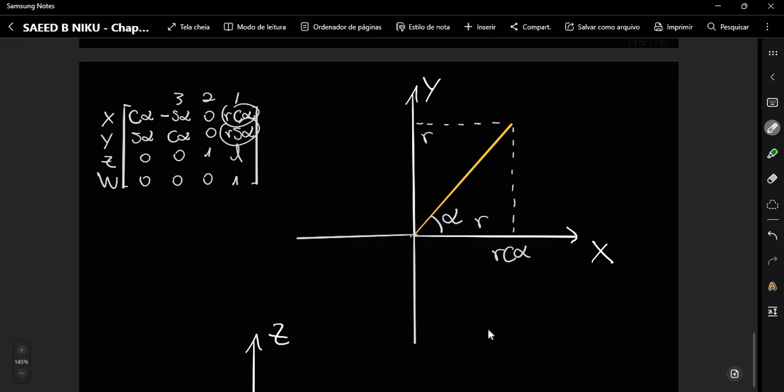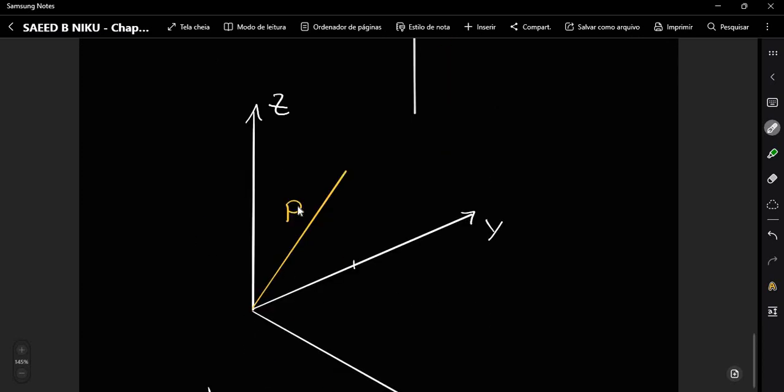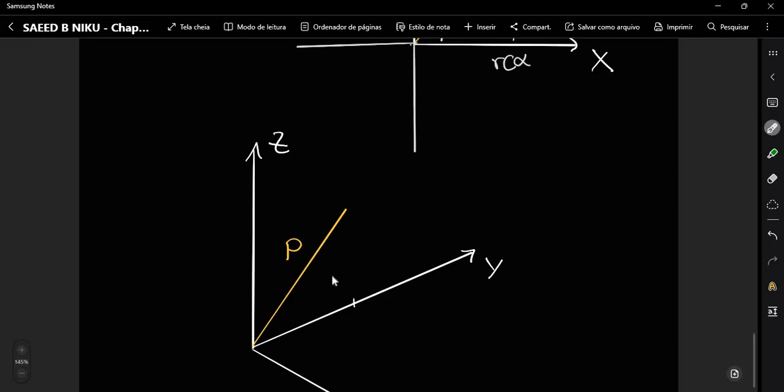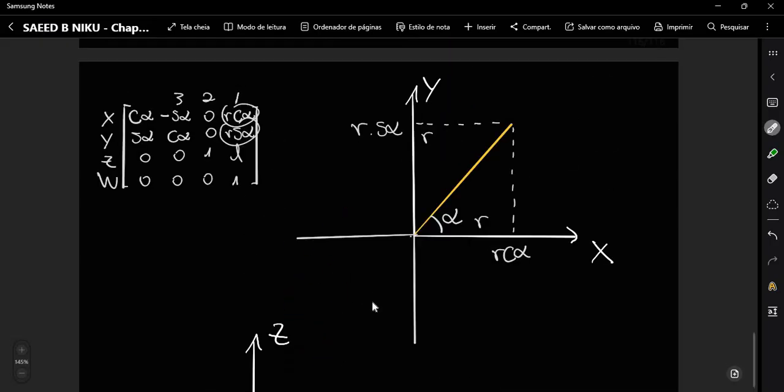And right here we are decomposing this component. So it's R times sine of alpha. And L for the Z component, for the Z dimension. But right here we are only working with the X and Y dimensions, and we don't have Z. We will have Z if we add the Z dimension.